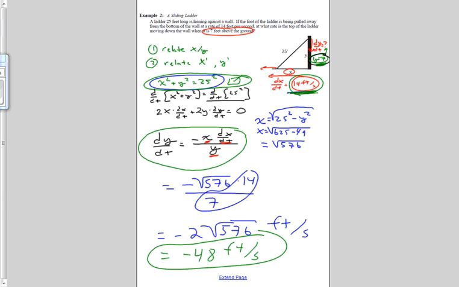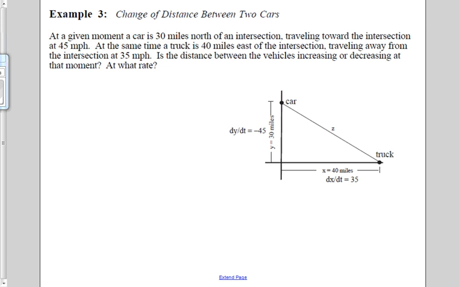Let's do another example. Okay, so it says change of distance between two cars. It says at a given moment, a car is 30 miles north of an intersection. So if we define this as north, east, south, west, at some given moment the car is 30 miles north, and traveling toward an intersection at 45 miles per hour.